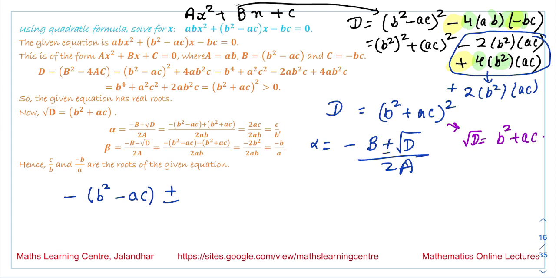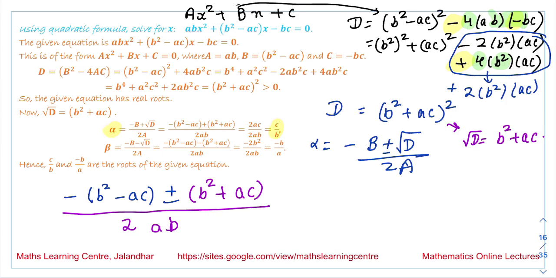We are taking the square root, so square root d is b square plus ac, upon 2 times a into b. On solving these values, we will get the final answer as alpha is equal to c by b and beta is equal to minus b by a. These are the two values we are obtaining over here.